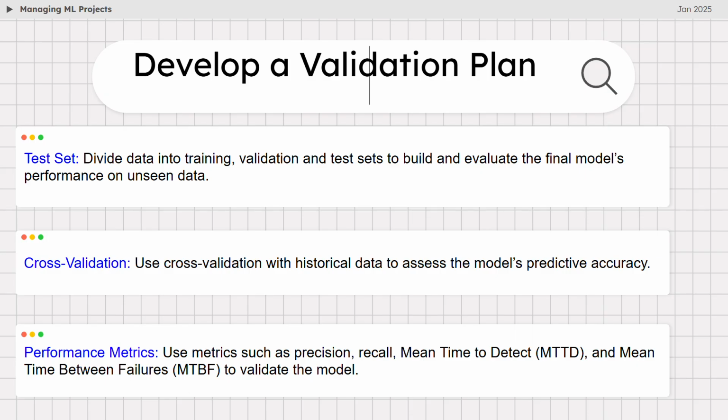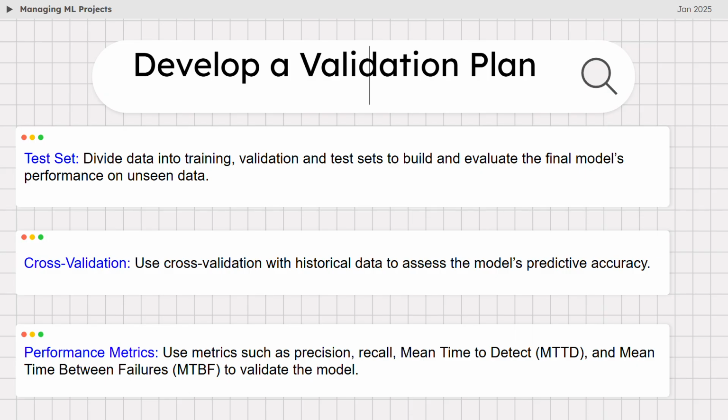What we would do is divide the data into training, validation, and test sets to build and evaluate the final model performance on unseen data. We would have done this in the previous course; I'm just reiterating it here. To validate, we'll use k-fold cross-validation with the historical data to assess the model's predictive accuracy.